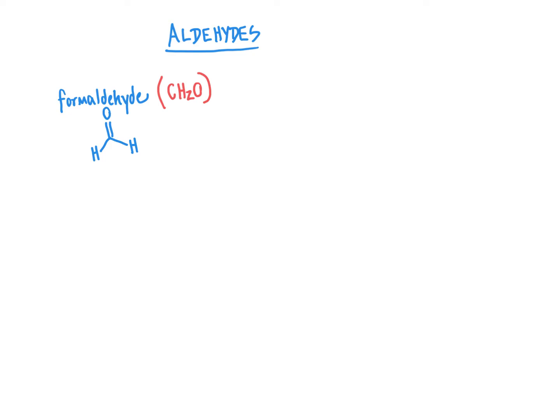Going ahead and increasing the level of complexity by one carbon atom brings us to acetaldehyde. Acetaldehyde is a two-carbon aldehyde. We can go ahead and draw that out with our carbonyl group at one end of the molecule, making that aldehyde, and then a grand total of 2 carbons in our longest carbon chain here.